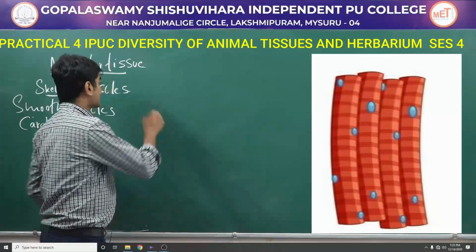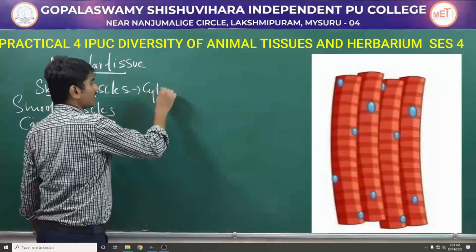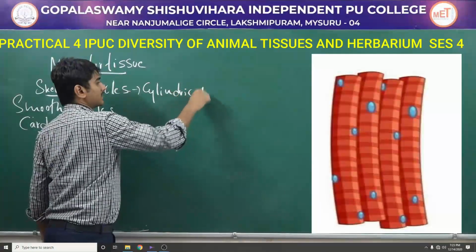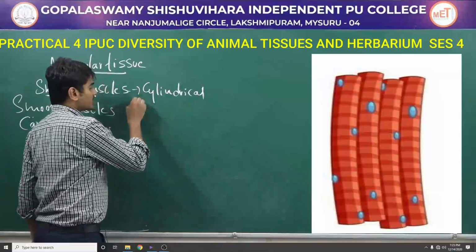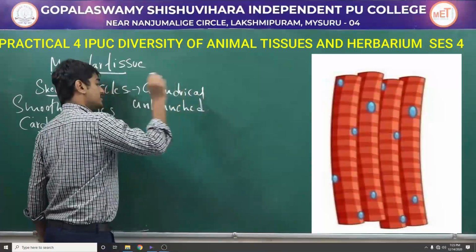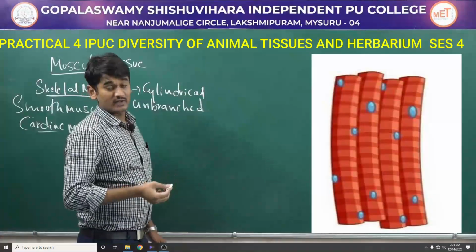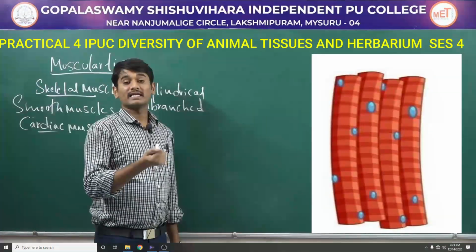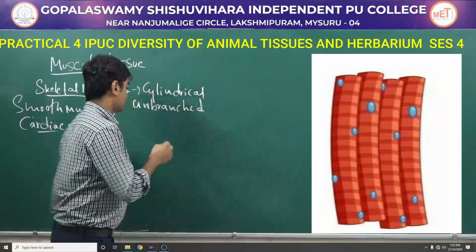In skeletal muscle the cells are cylindrical and unbranched. These are all voluntary muscles, which means the muscles are coordinated under our control.